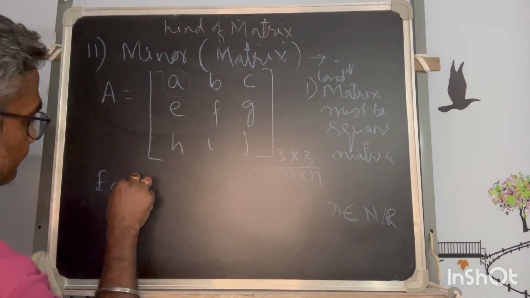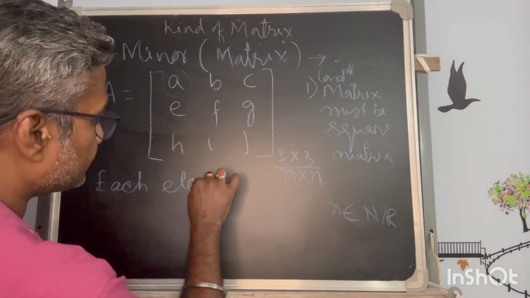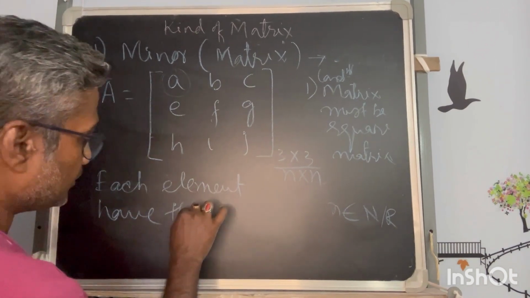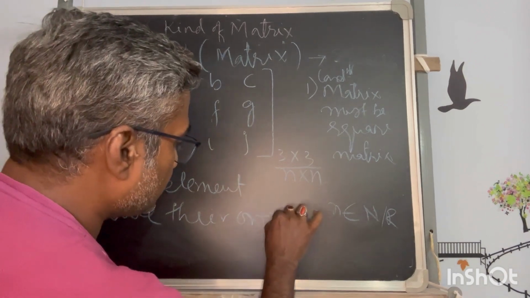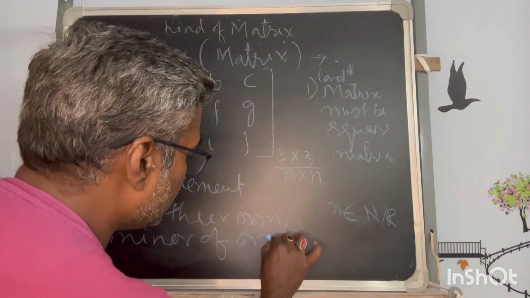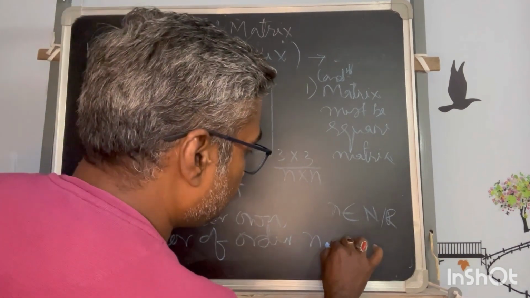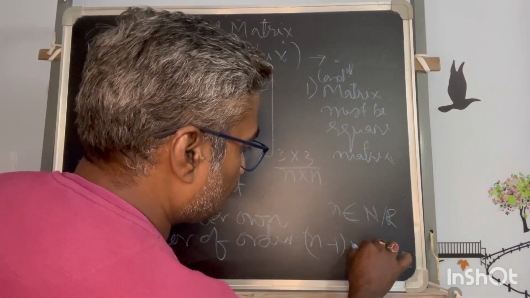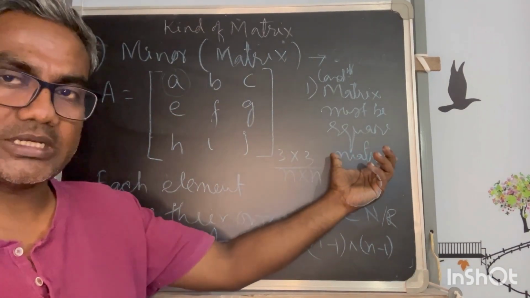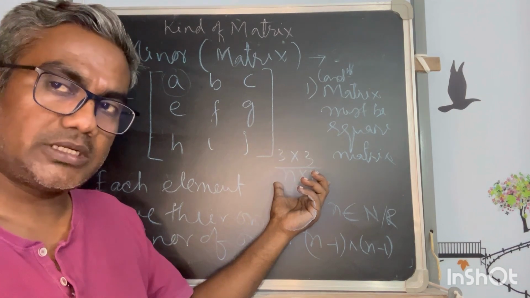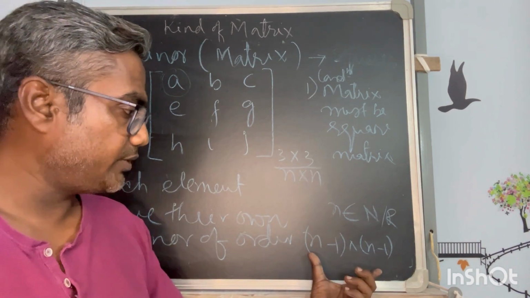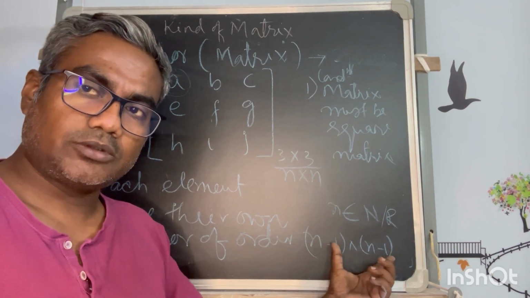Each element has its own minor of order n minus 1 cross n minus 1, because as it is a square matrix I have accepted, if the order of the original matrix is n cross n, then the minor has to be of n minus 1 cross n minus 1 order.